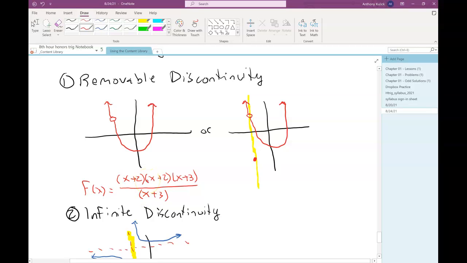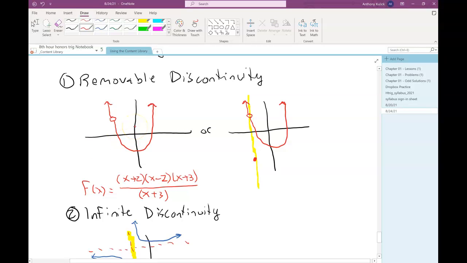But if you had that, oops, one of those needs to be a negative. If you had that general rational function, that's pretty sloppy there. That would generate this graph, right?